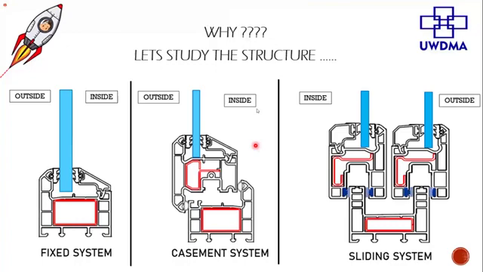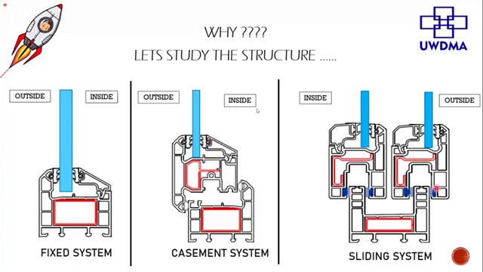So why is it not a good choice for a soundproof and dustproof solution? The reason, as you can see, we are having three systems here. First one is fixed. There's a frame and there is your glass. Casement system, there is a frame, an outside opening sash, a glazing bead and glass.